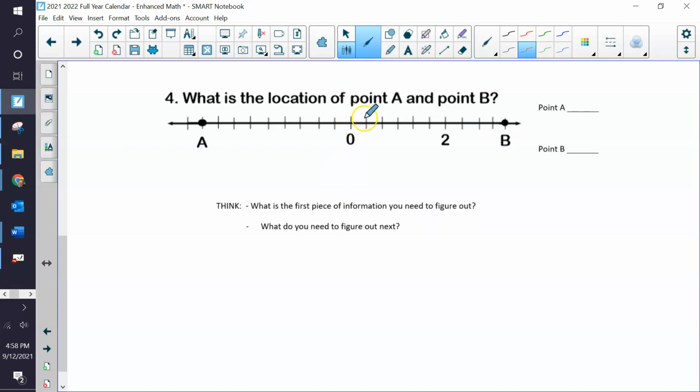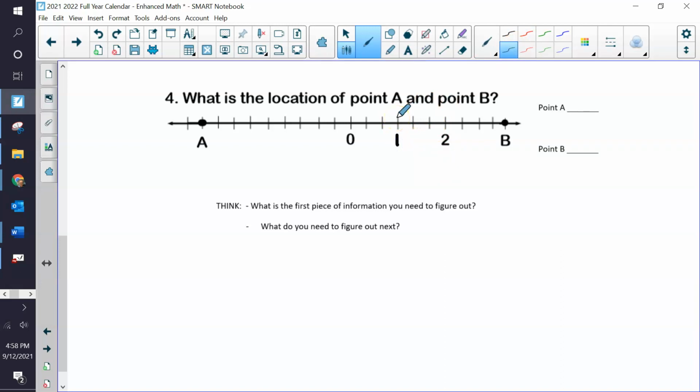What does each jump, each mark, represent what fraction? So same thing, here's our clue. I know 0 is here and 2 is here. And once again, 1, 2, 3, 4, 5, 6. 2 is 6 jumps away. So 1 is going to be 3 jumps away. So that's going to be 1.